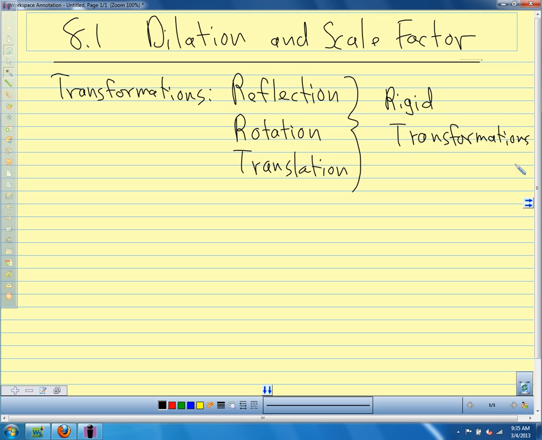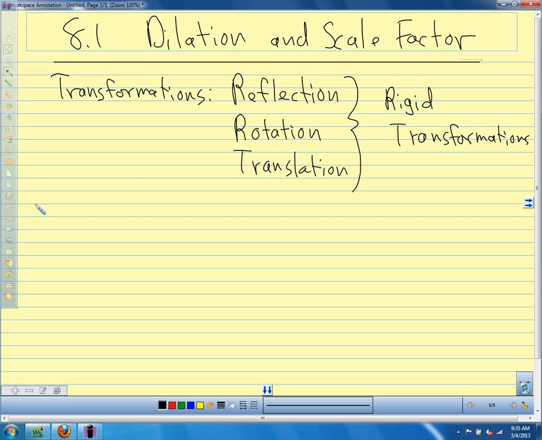And we used the rigid transformations to come up with a definition of when shapes were congruent. We said shapes were congruent if one was a rigid transformation of the other. So if we could move one around, reflect it, rotate it, and it matched up exactly with the other shape, that's how we defined what we meant by congruent.